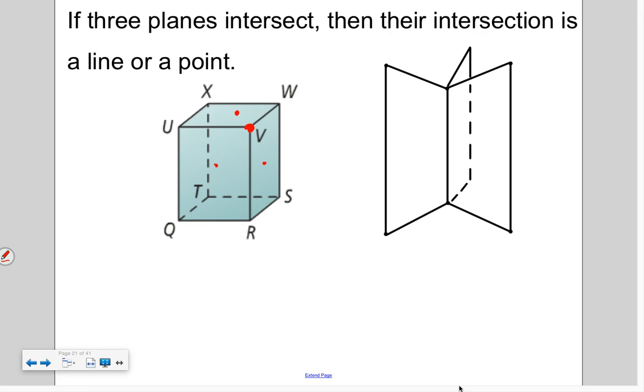Now the difference is if you have 3 planes and you have them all meet at one place in the middle, they would have an intersection of a line. But that's the only way planes can intersect. 3 planes can intersect at a point or a line.